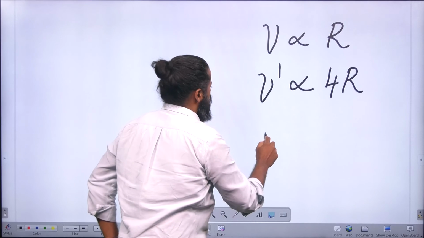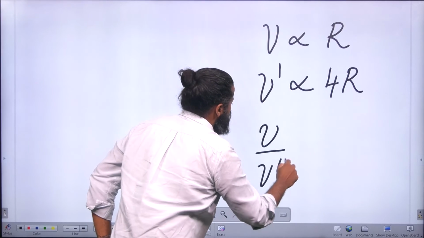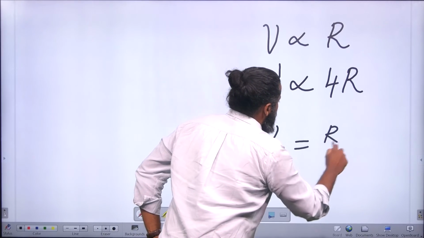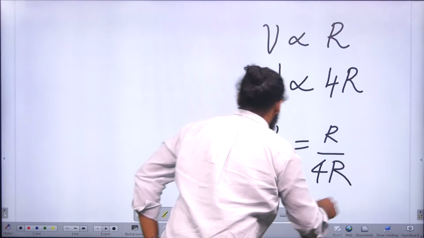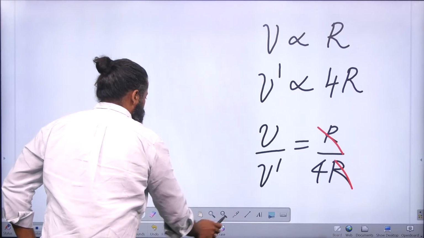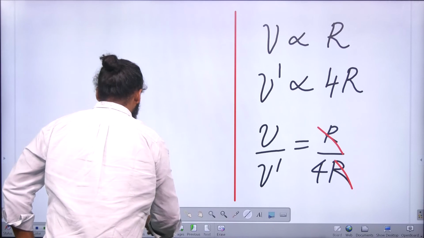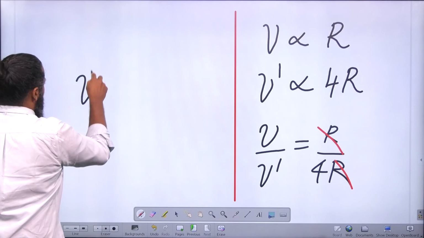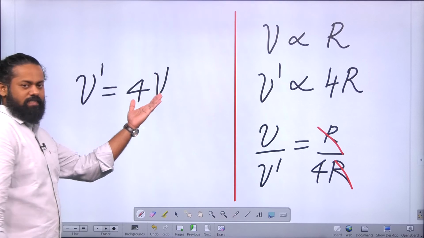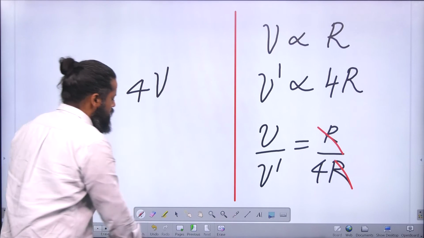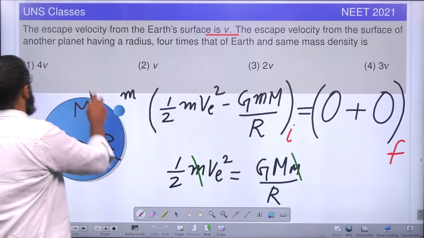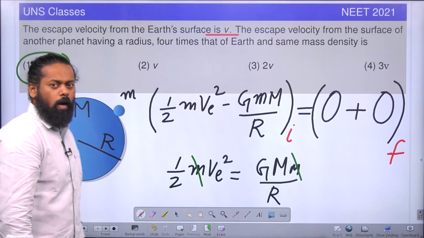You can take the ratio. v by v dash is equal to r divided by 4r. Here we can cancel out r, and v dash is going to be equal to 4 times v escape. So this is the answer. In this case, it is going to be 4 times. Which option is correct here? The first option is correct. I hope all of you understood this problem.